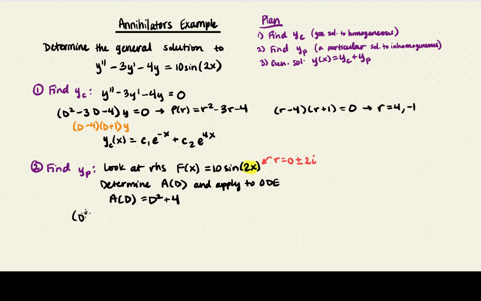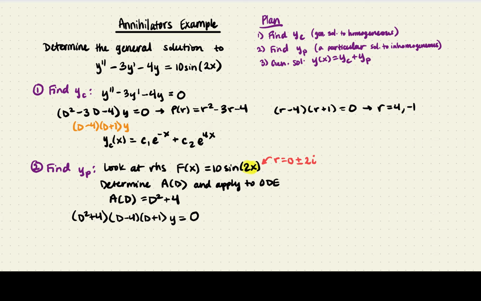So I'll apply D squared plus 4 to my original ODE. The operator for my original problem is (D minus 4)(D plus 1) applied to y. The reason we chose A of D in this form is so that when I apply it to this right-hand side, I get 0. That's why it's called an annihilator for that function. So on the right-hand side now, this is 0.